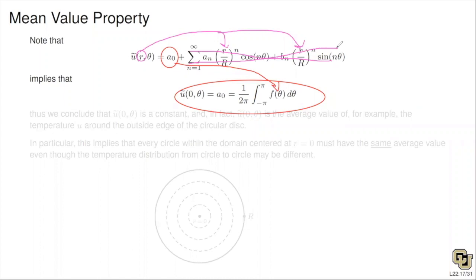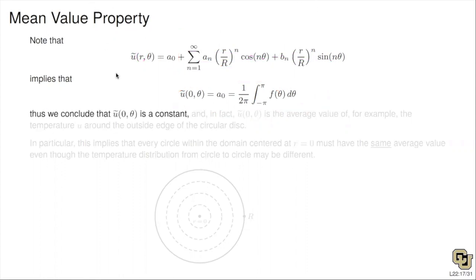So 2 things. The temperature at the center is the average temperature of the temperature around the edge. That's a thing we've learned. That's what that's saying. But that's just one thing. There's another fact here.